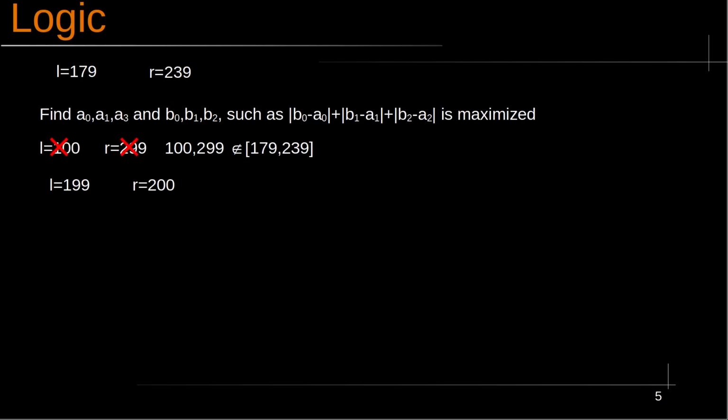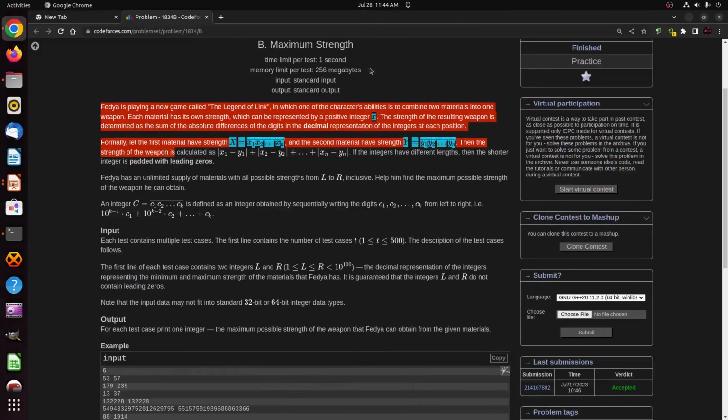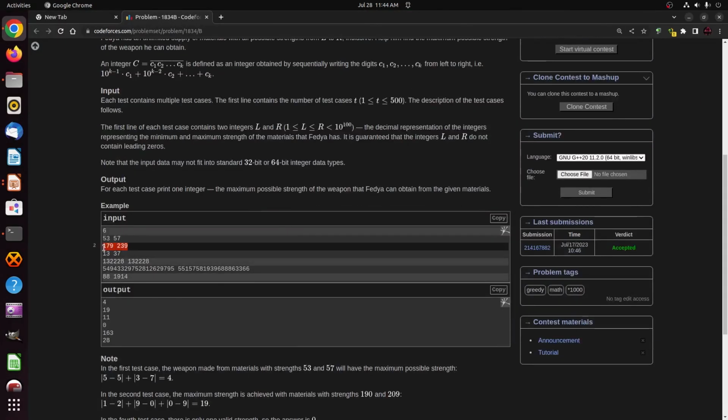This way we can maximize the sum of the absolute values of the differences of each digit of both numbers. We can take these two numbers, so the answer is 19 here. I think this is the same as the input here. You see, for these two numbers.